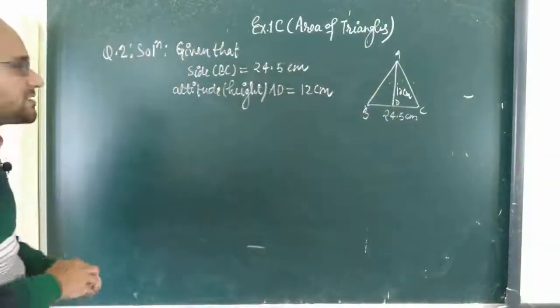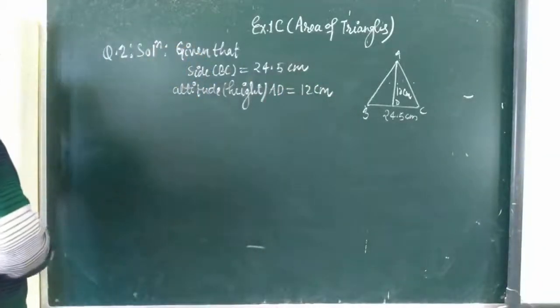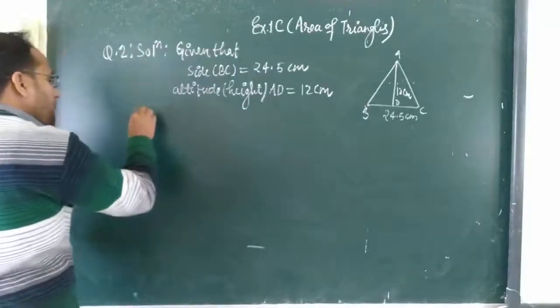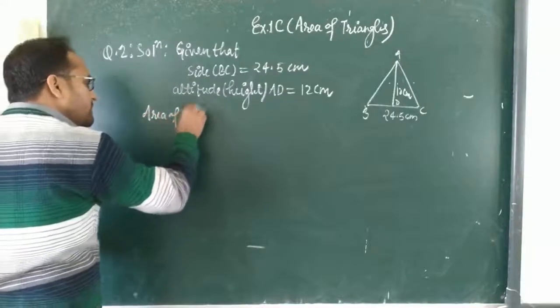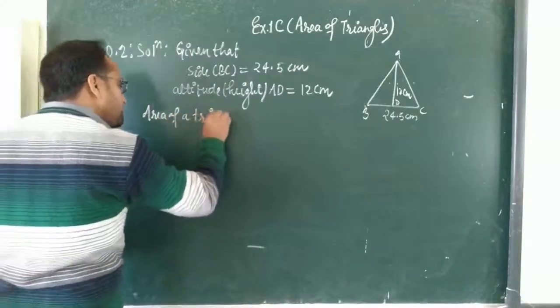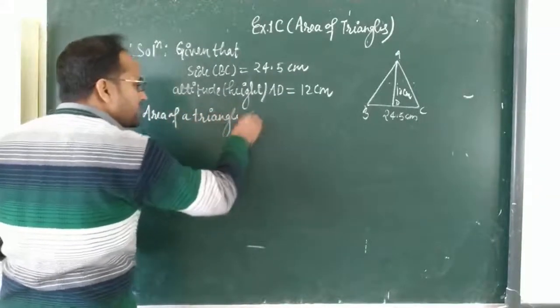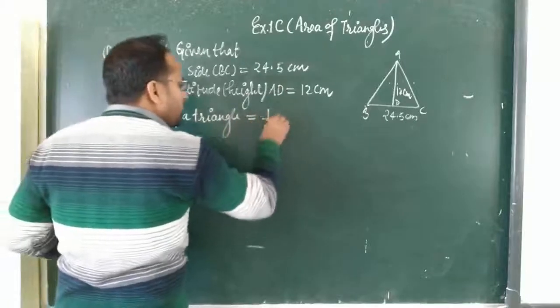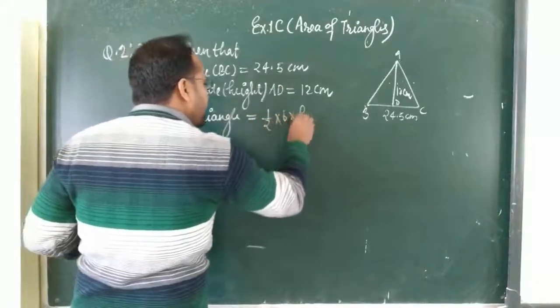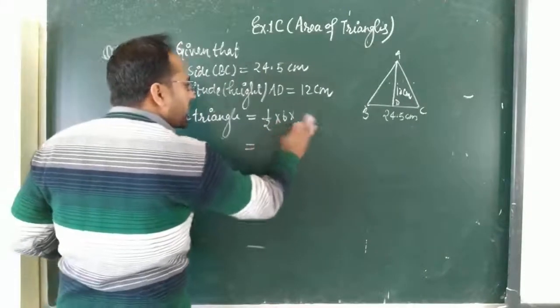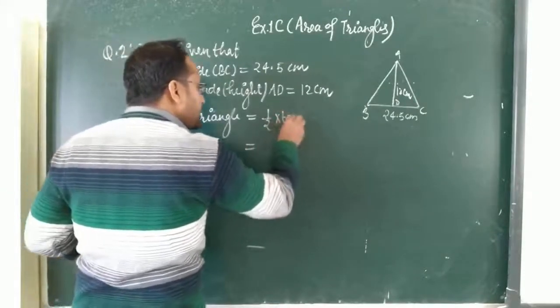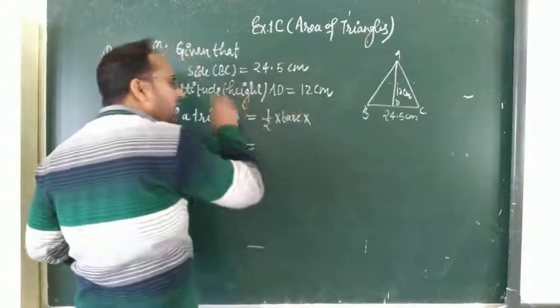So the area of a triangle is equal to 1 by 2 base multiplied by height, or you can write it in full, base multiplied by height or altitude.